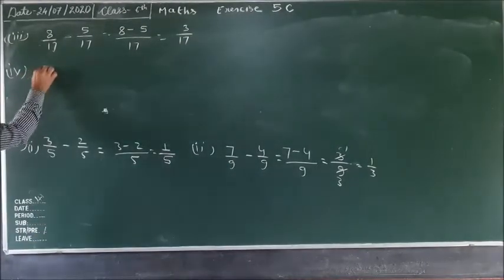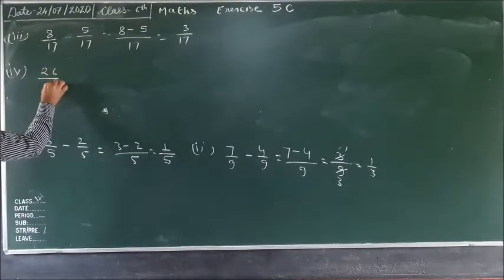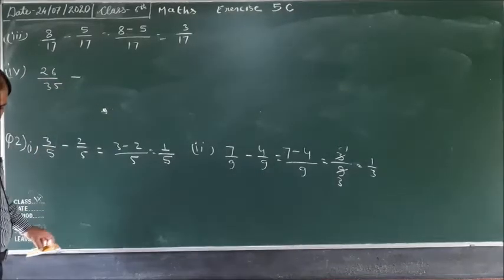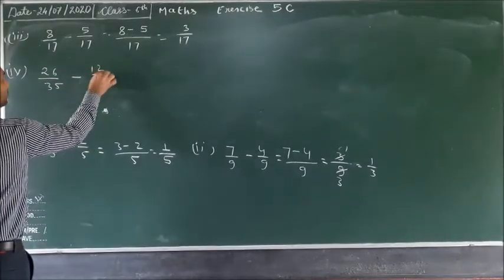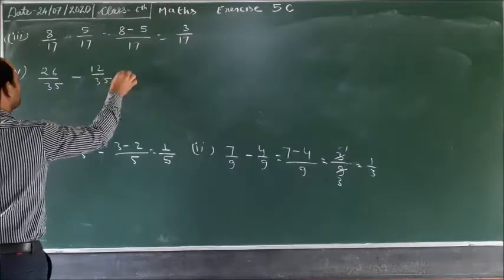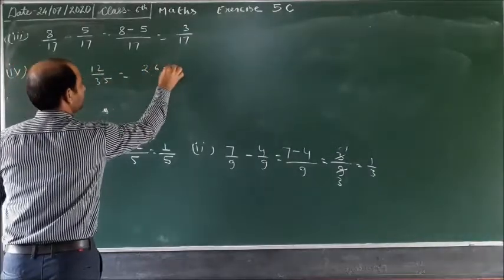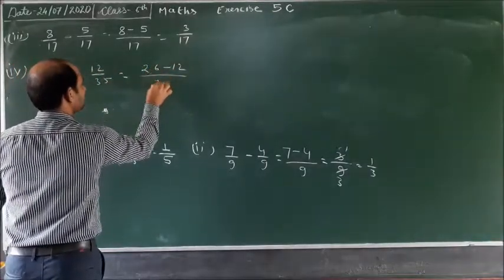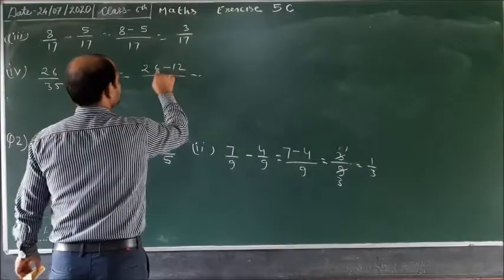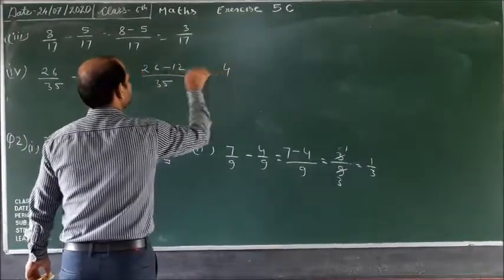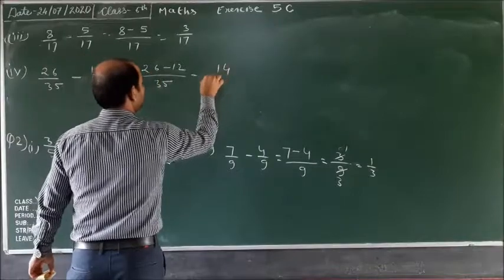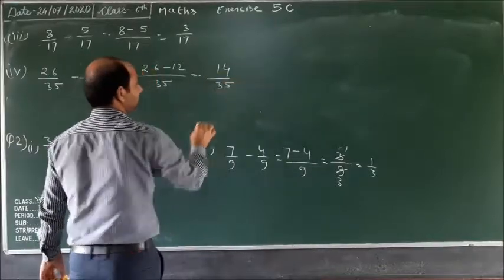26 upon 35 minus 12 upon 35 equals 26 minus 12 upon 35, equals 14 upon 35.